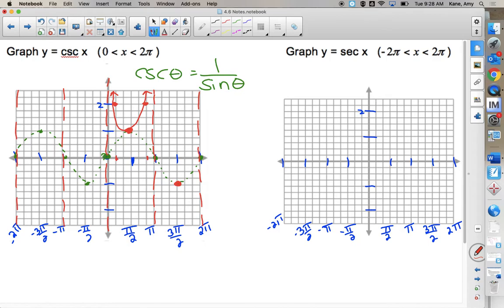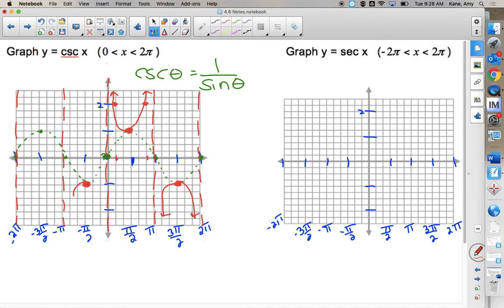It's going to be a parabola, Colin, but it's going to go down. So I'm still going to have a parabola, but now it's going the other direction. So I have these little bounded parabolas that go the opposite direction of the sine because they're reciprocals. So if I continue that on the other side, wherever sine is 1 is where my cosecant graph starts, and it goes the other way.